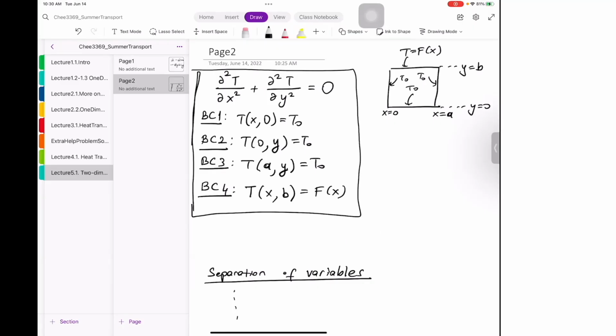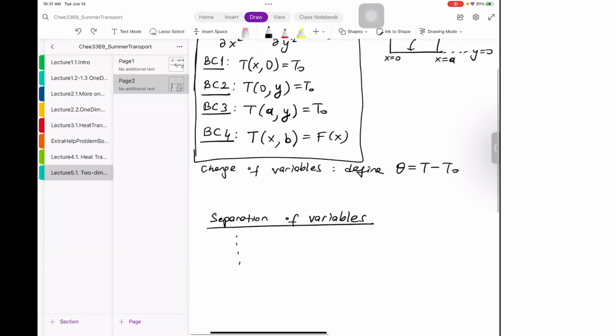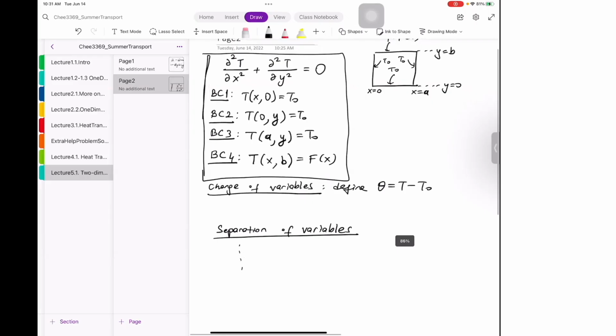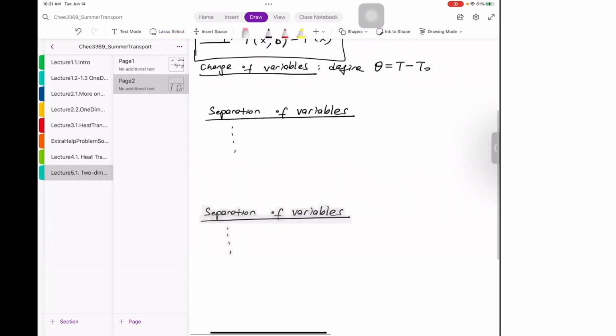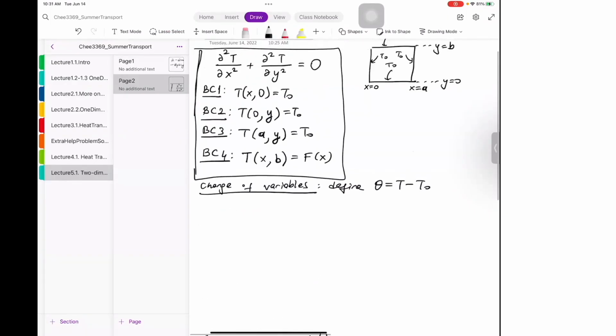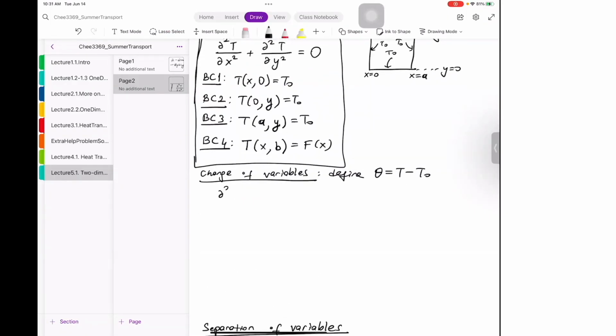So we call this change of variables. First, let's define theta is equal to T minus T0, so that my boundary condition is going to be simpler, like 0, a number that I can work with more easily. And with this change of variables, your equation is going to be, again, del square theta over del x squared plus del square theta over del y squared, equal to 0, because the derivative of a constant number is 0.